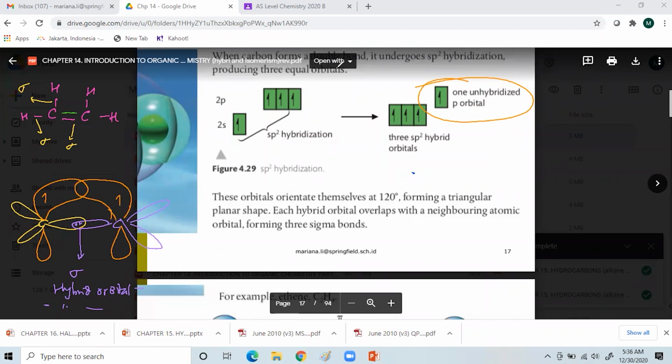So you can see that electrons could be here. In this case, the electron density is above the bond axis. This is the bond axis. You can also see that the loop below the bond axis can also combine like this. So this is the pi bond.